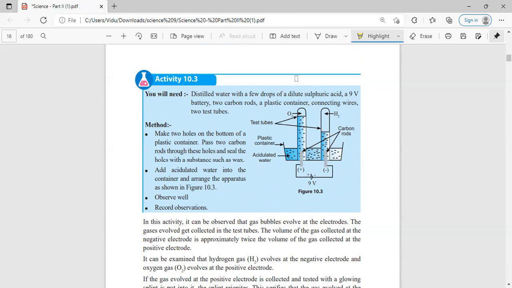And you need to make the setup like this. In this activity, you can observe that gas bubbles evolve at the electrodes and collect in the test tubes.